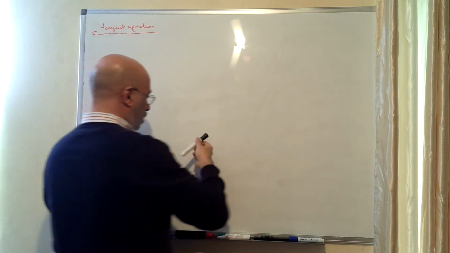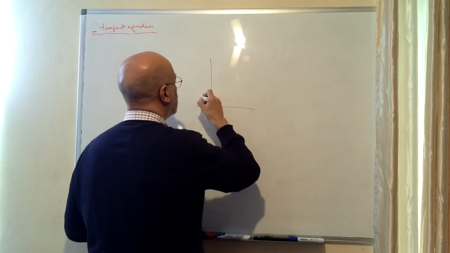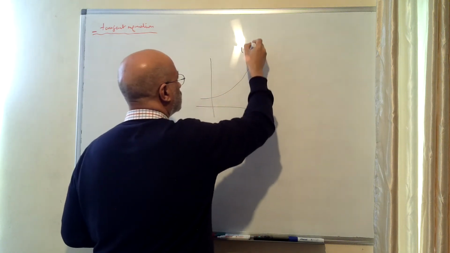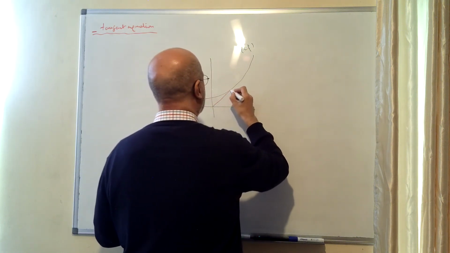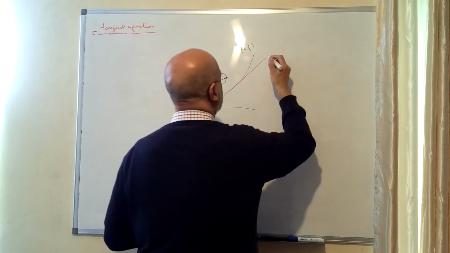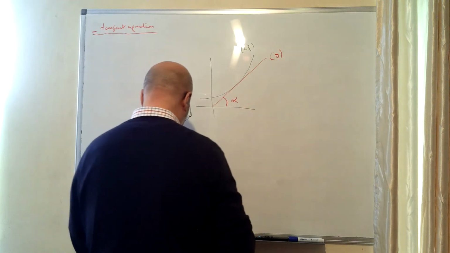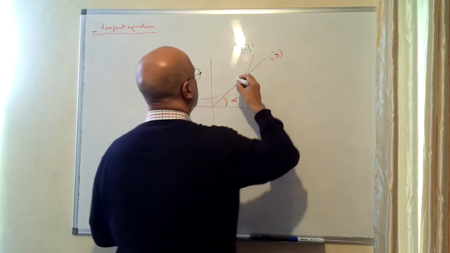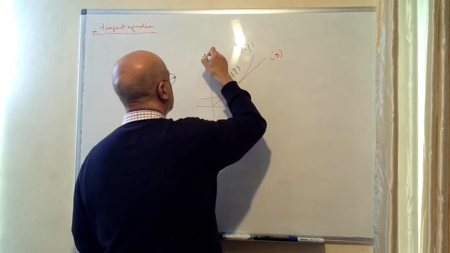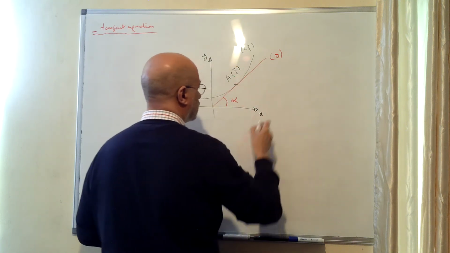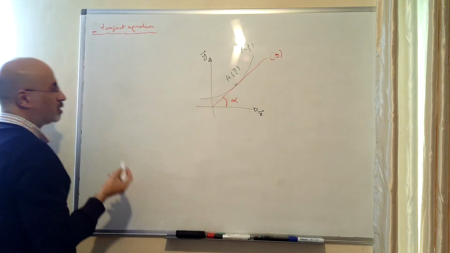We have our axes, our curve, and our diagonal with an angle.